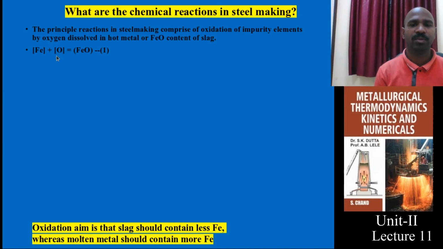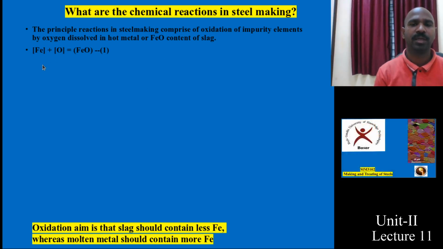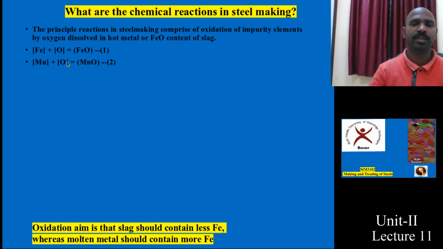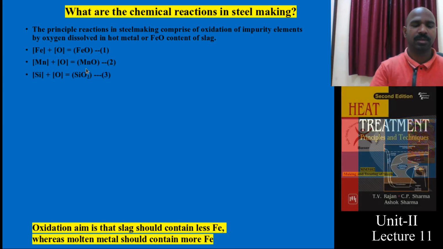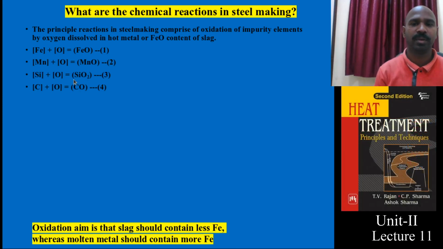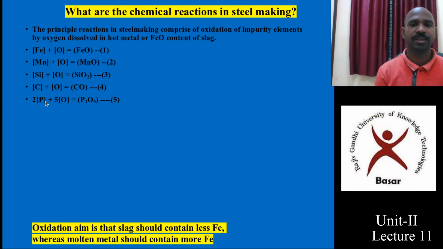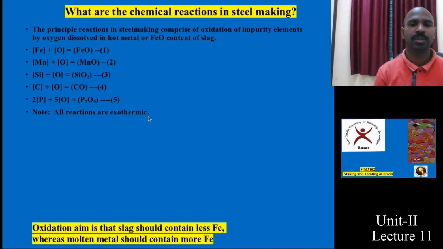Oxygen you send from the top with iron in the molten pig iron may form FeO slag; manganese in the molten pig iron with oxygen gives rise to MnO, similarly SiO2; carbon in the molten pig iron with oxygen gives CO, and similarly phosphorus as well as sulfur. All these reactions are exothermic.